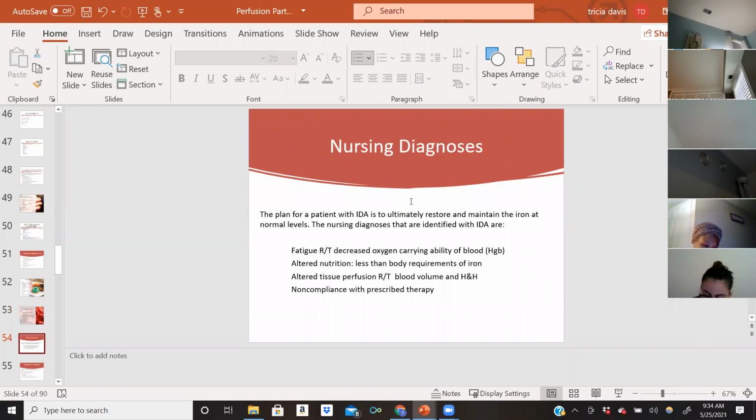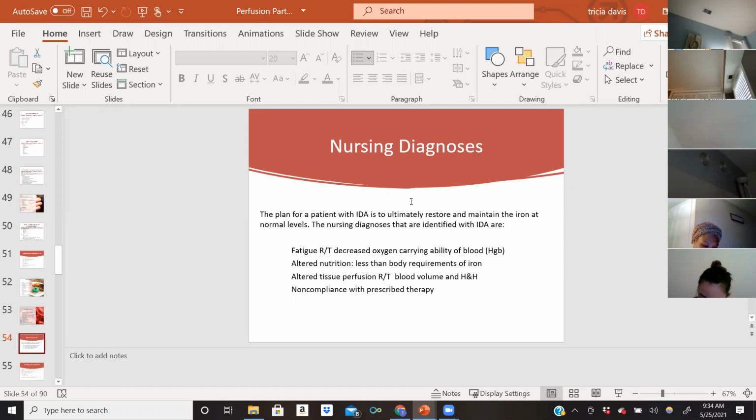Some nursing diagnoses that we might see. So remember that when we're planning care for a patient with iron deficiency anemia, our goal is to ultimately restore and maintain the iron at normal levels. So we want to replenish them, but we also want them to keep those levels there so this doesn't happen again.